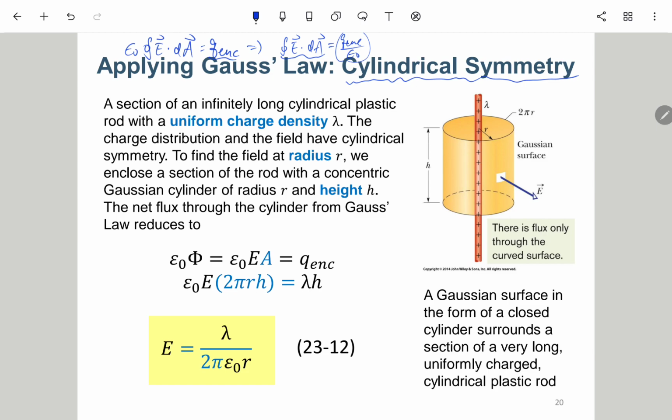Integration means we add many things together. If we know this is an integration, it is like we add many E dot dA together. We add many things together, and we do not know the sum.